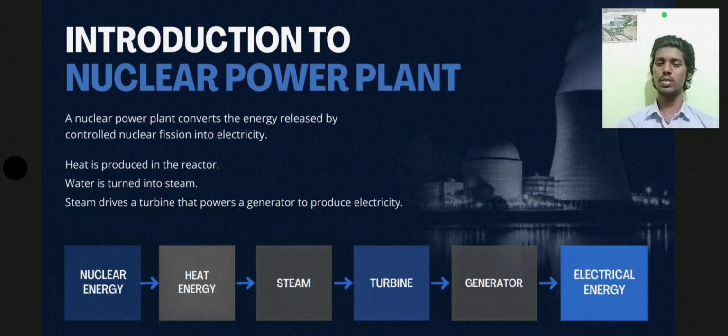This heat is transferred to the steam system. In the steam system, water is converted into high pressure steam. That steam is passed through the turbine, which is connected to the generator. As the turbine rotates, the generator also rotates and produces electricity.